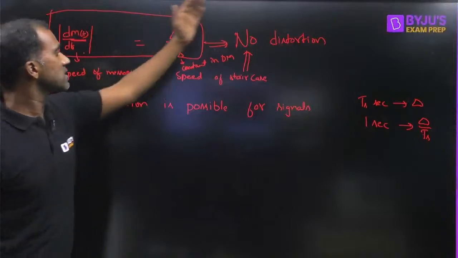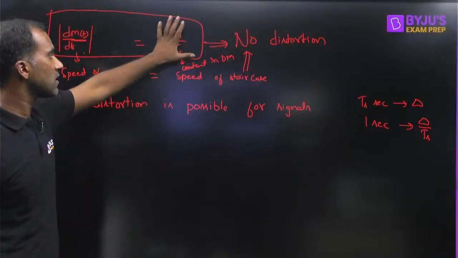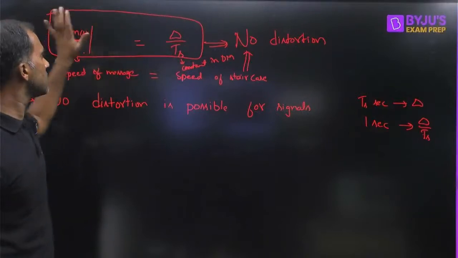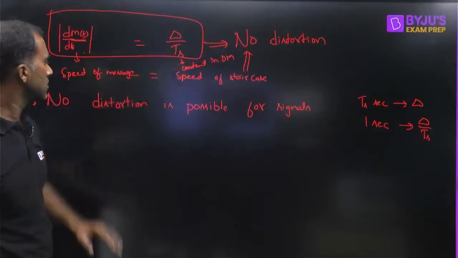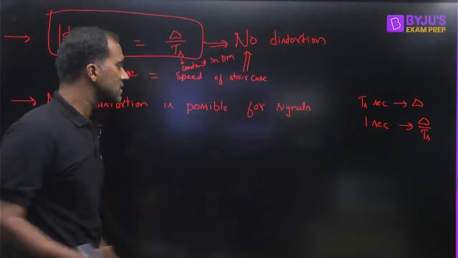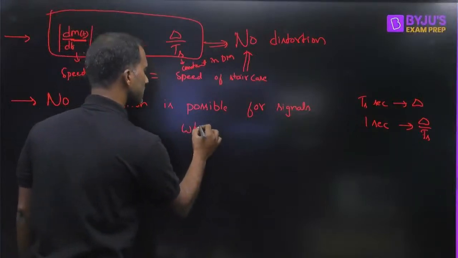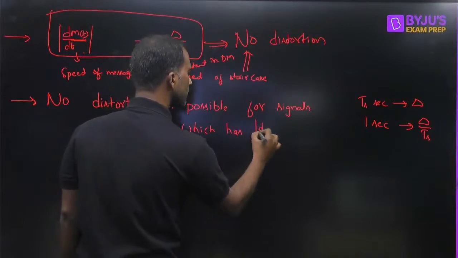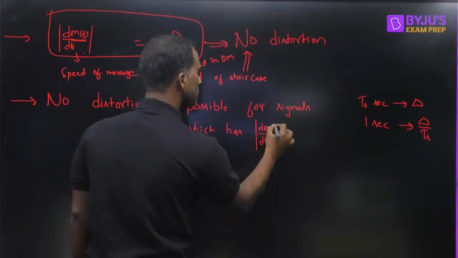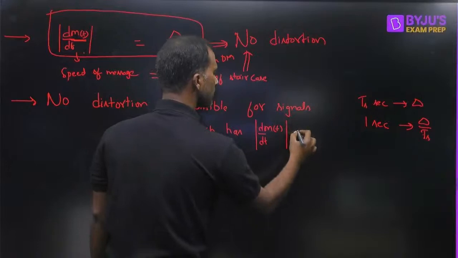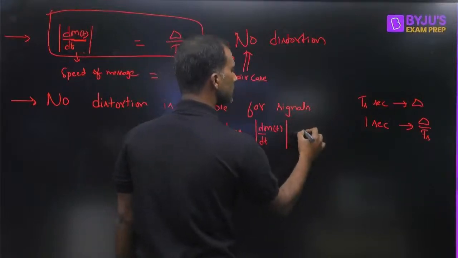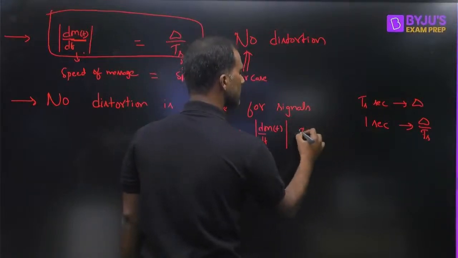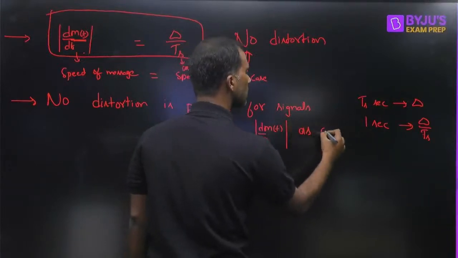If these two constants match, then only there is no distortion. This is 100% constant in delta modulator. If this is constant, this also should be constant for no distortion. So no distortion is possible for signals which have magnitude of slope, that is modulus of d by dt of m of t, as constant.